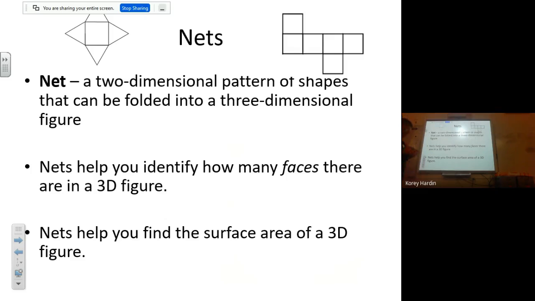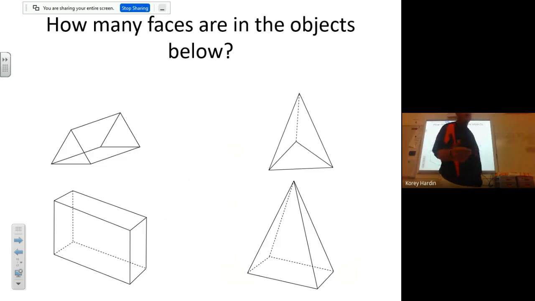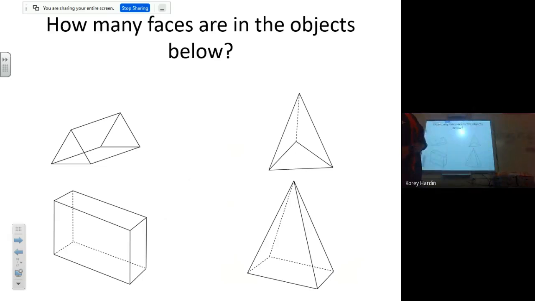All right. So, pause the video at this time and try to count how many sides you have on the objects below. All right. So just try to count it, and then we'll go over it in just a second. So on the one top left right here, let's count the sides, okay? And we'll look at the base. The base is going to be a triangle. Remember, this one's kind of falling over. It's a topsy-turvy diagram.